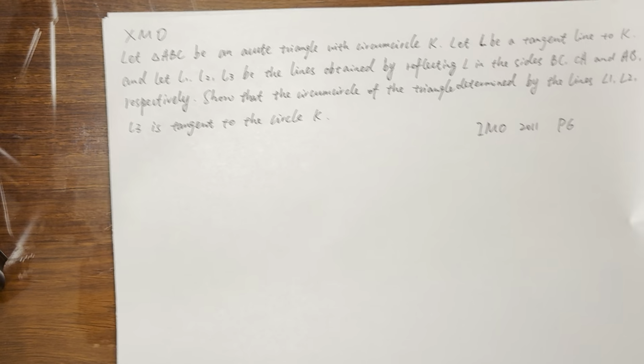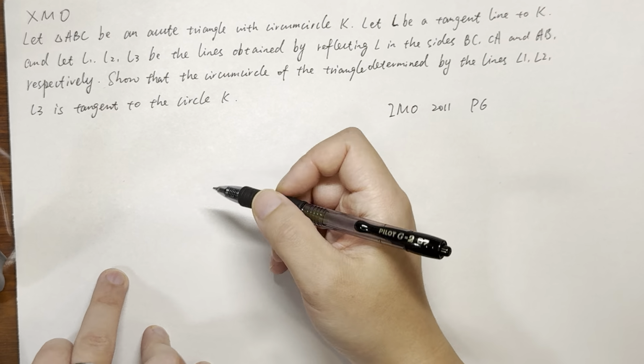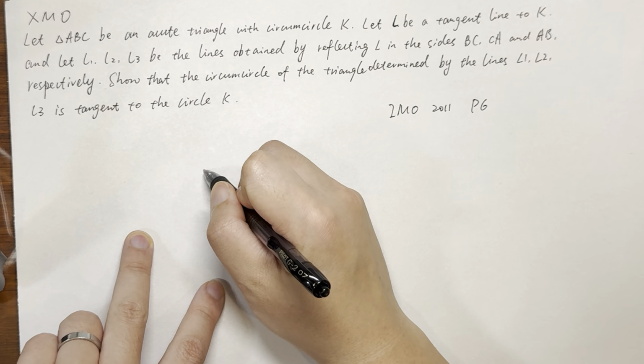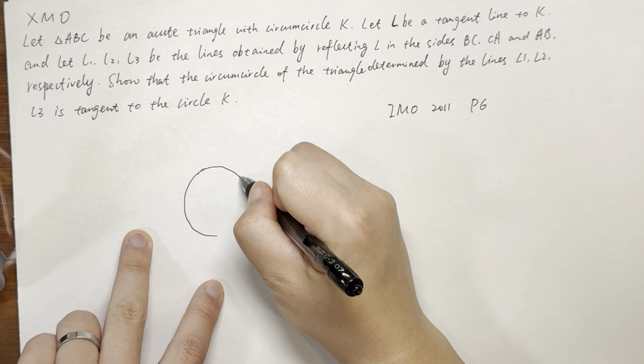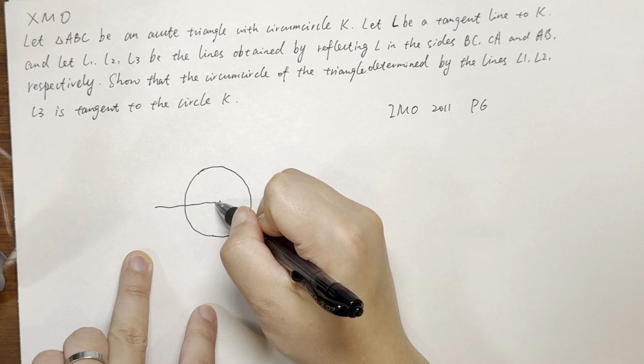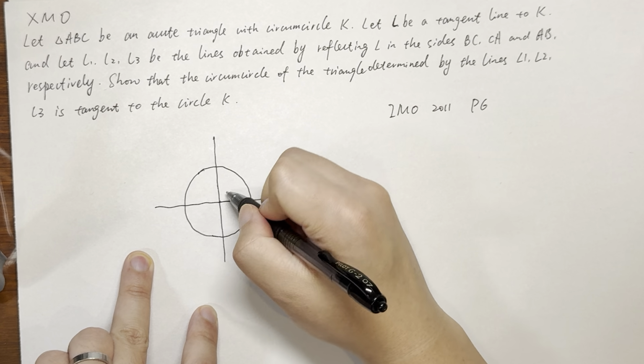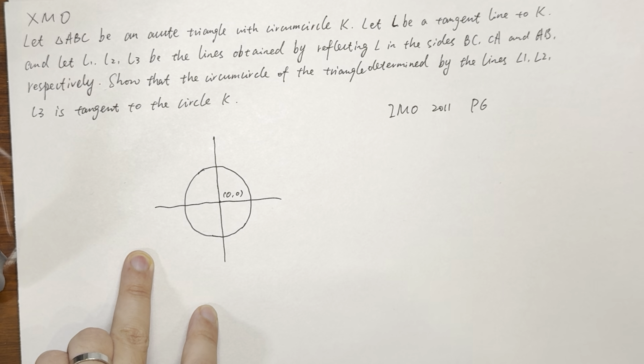Let me introduce this method first. We can think of a triangle with a circumcircle centered on the origin, so this is (0, 0).